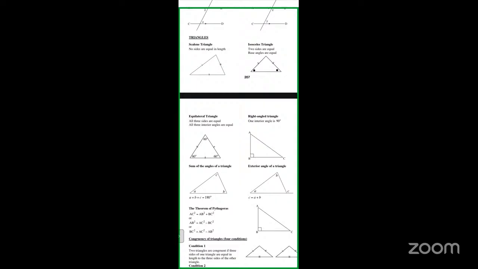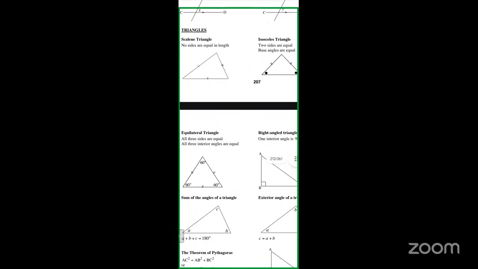So firstly, let's look at the scalene. No sides are equal in length, meaning scalene is a triangle whereby all the sides are unequal. If one is 4 units, another is 6 units, another is 7 units. You can't have 2 units, 2 units, and 4 units. No. Scalene, all sides of a triangle are unequal.